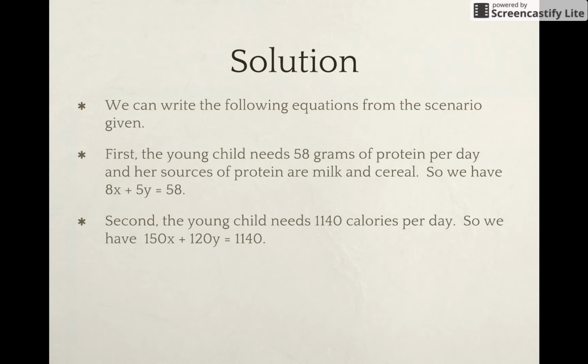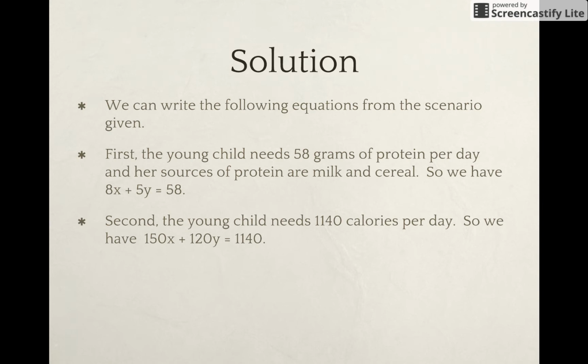Second, the young child needs 1,140 calories per day. And so we have 150x plus 120y equals 1,140. Again, the choice for 150x is because each serving of milk has 150 calories, and the choice for 120y is because each serving of cereal has 120 calories.